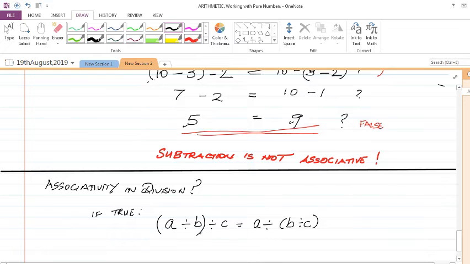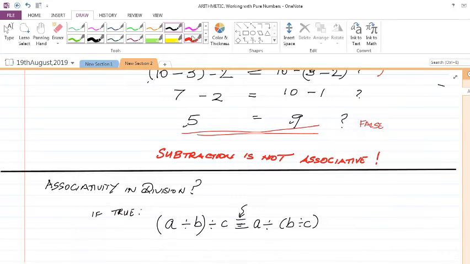So let's use some examples here. If true, this will always be true. So if I can get one example where it is not true, then this statement isn't always true. And if the statement isn't always true, then I say associativity is not present in division. So let's do some numbers now. Let's take an example. If true, that's what happens.